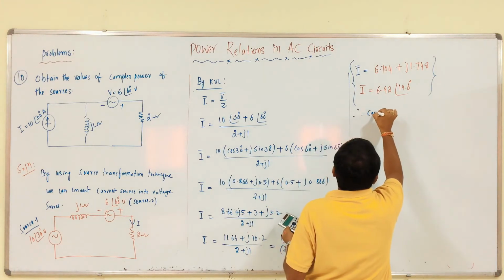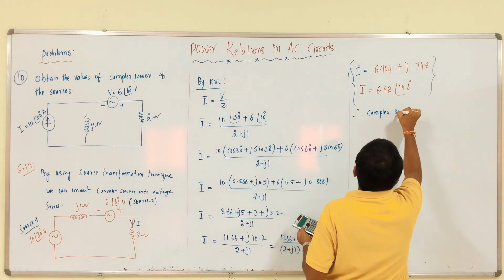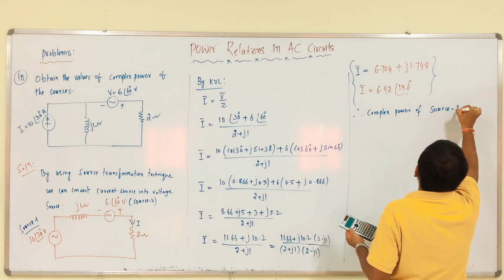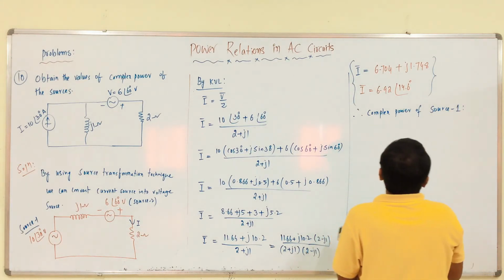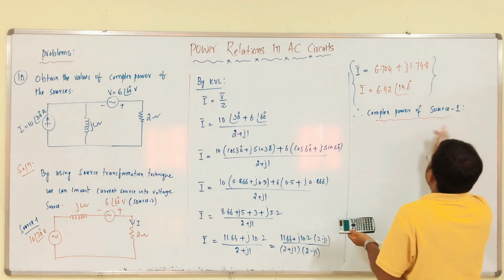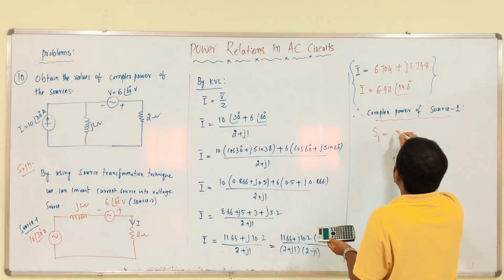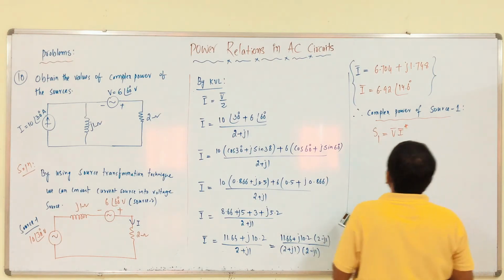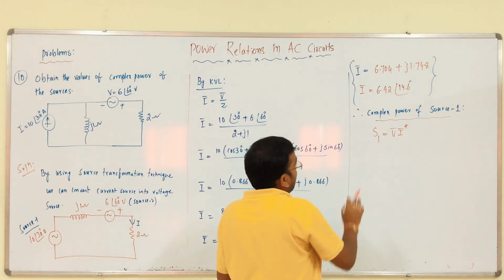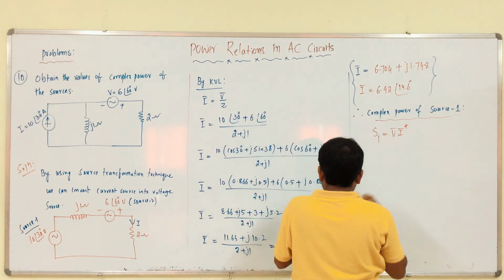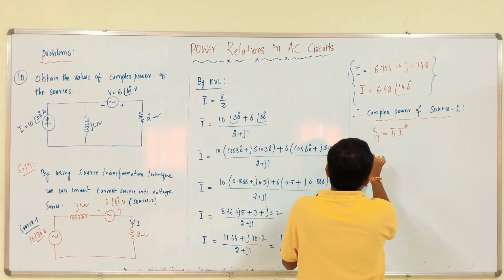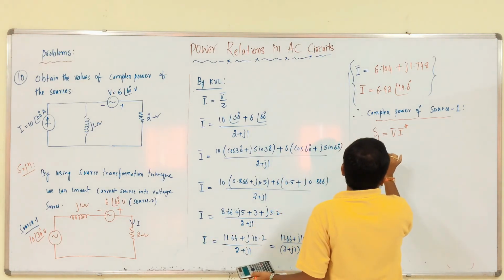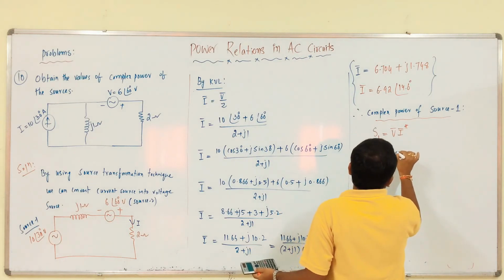Therefore, the complex power of source 1, for example S1, is equal to what? V into I conjugate, right. This is the formula for complex power. Therefore, complex power S1 is nothing but V, which is 10 at an angle 30, into I conjugate.